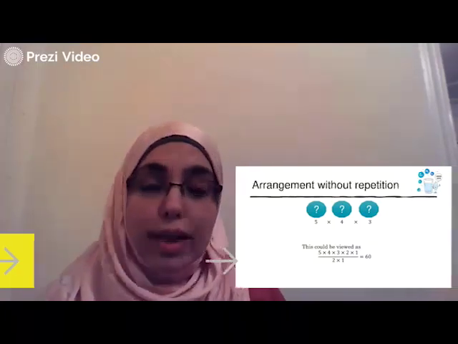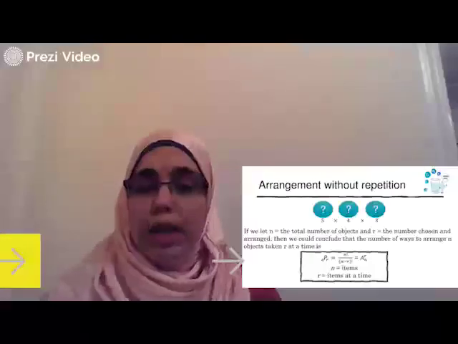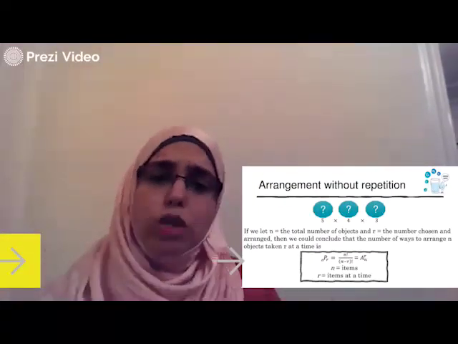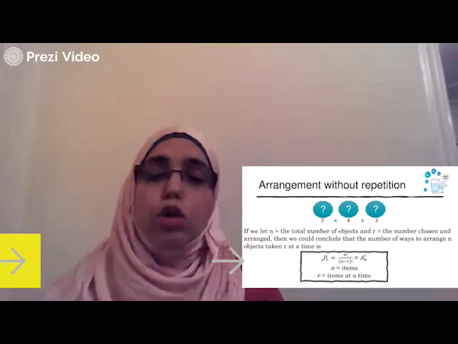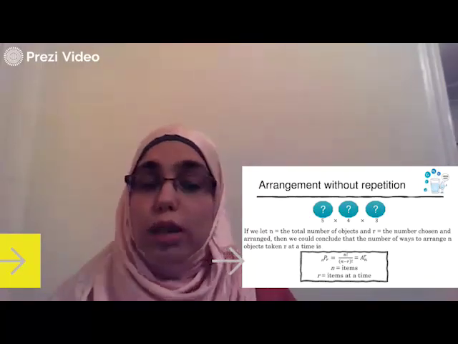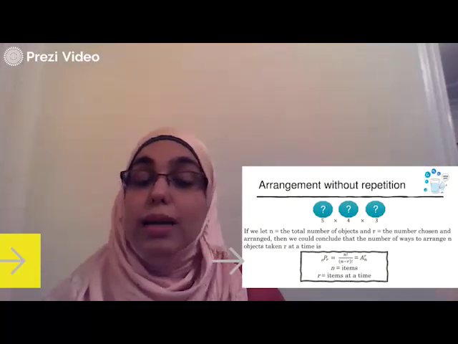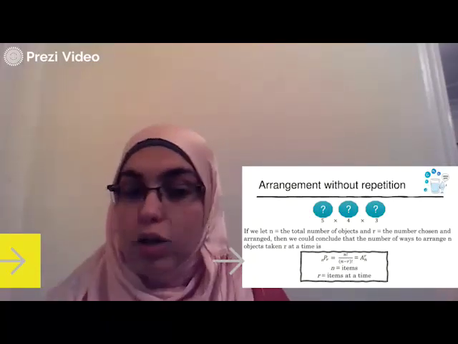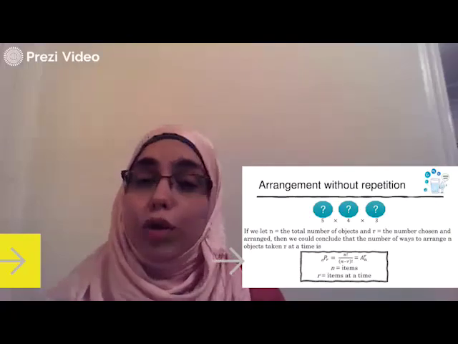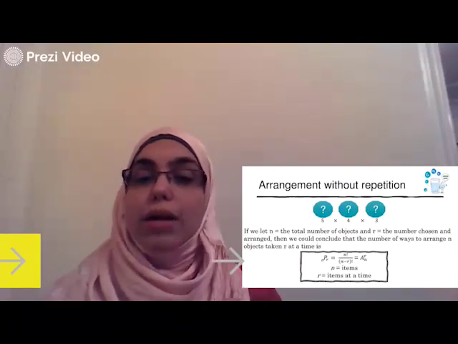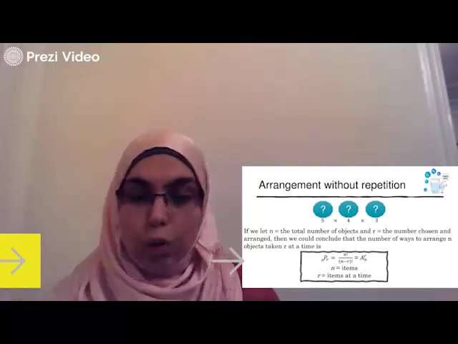So the rule says if I want to arrange elements of a set and I have only certain items to use, then n is the number of items in the set, r is the number of items at a time that I want to arrange, and I'm going to follow the rule nPr is equal to n factorial over n minus r factorial, using my calculator.